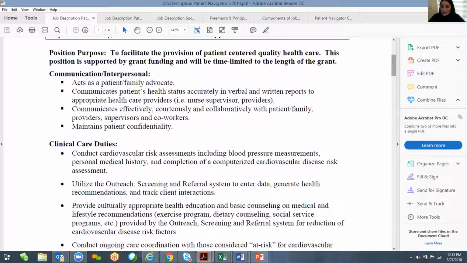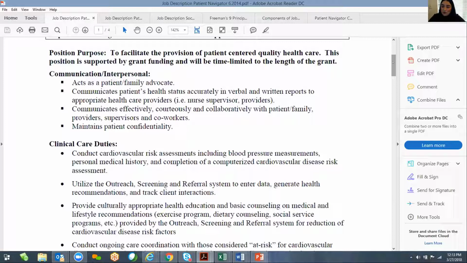We said, okay, we have the health education portion down as far as that part of the patient navigation. How do we make this role a little more multifaceted, and have these patient navigators start doing things to support the care coordination department, and also have more of a wraparound for the patients that we're serving?